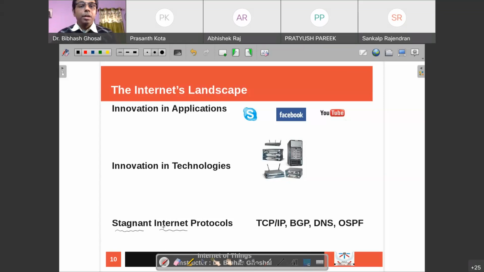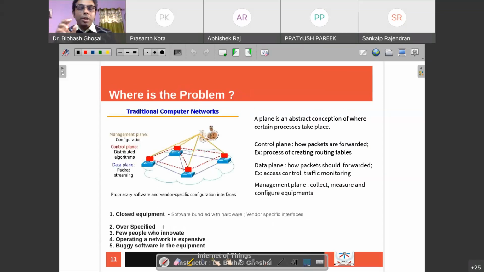What do I mean by that? If you look at the traditional computer network, you can divide that entire networking part into mainly three components. One that handles the configuration, the other that handles the algorithms, and the third that handles the transmission of data.